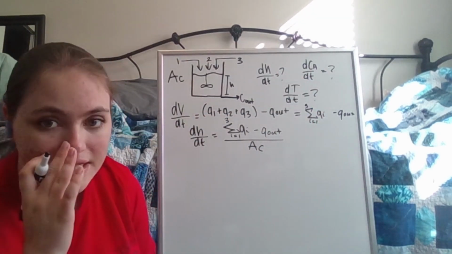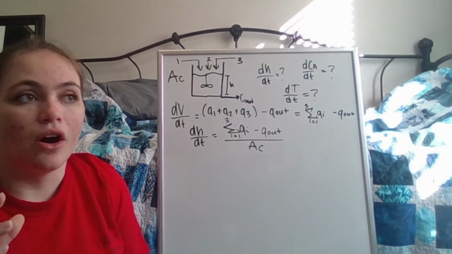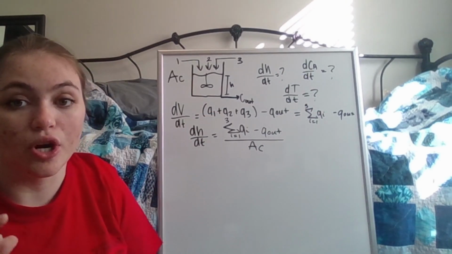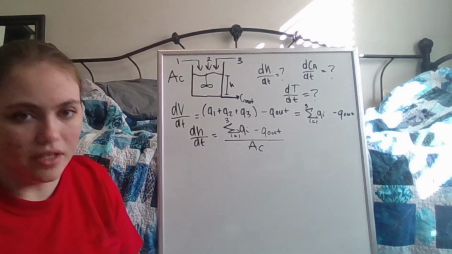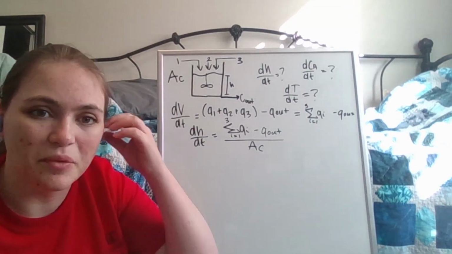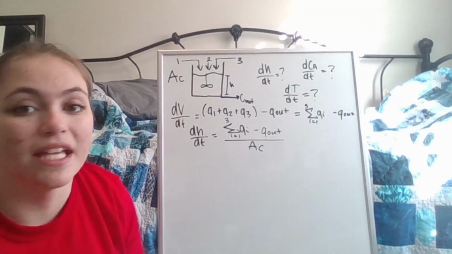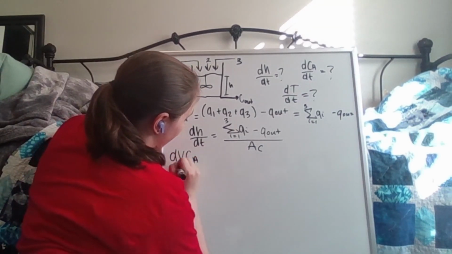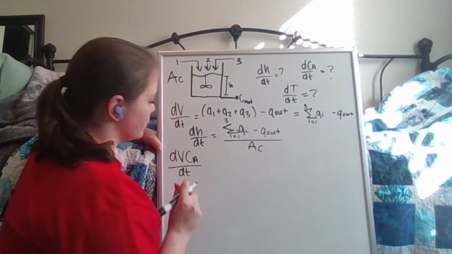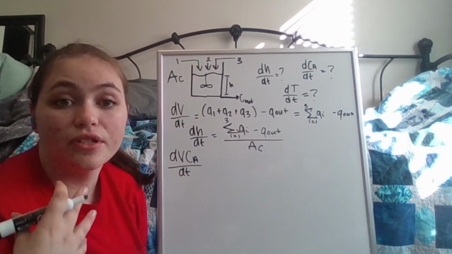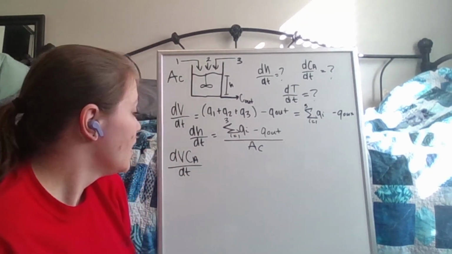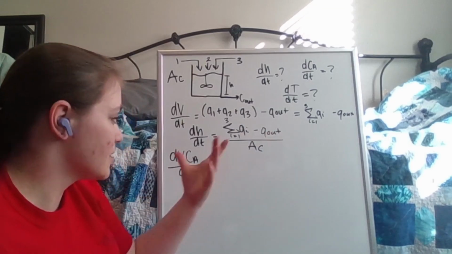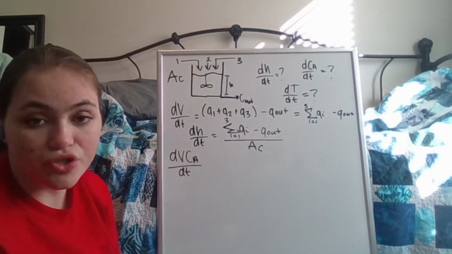So the next thing to consider is our volume times our concentration. Everything is kind of correlated with volume, which is why our height is going to have a play in it. So our next thing we're going to look at is d(V CA) over dt, the change of volume times the concentration over time. We're going to take all of this, and it's basically just multiplying by concentration.